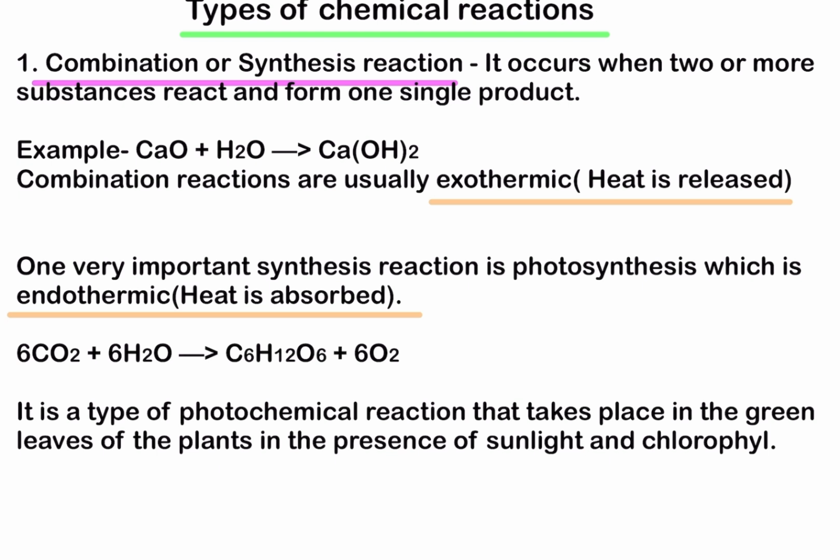So it is a type of photochemical reaction that takes place in the green leaves of the plant in the presence of sunlight and chlorophyll, and carbon dioxide and water are also necessary. That's how the green plants prepare their food, and it is an endothermic reaction. So we call it a synthesis reaction, photosynthesis, synthesis by light.